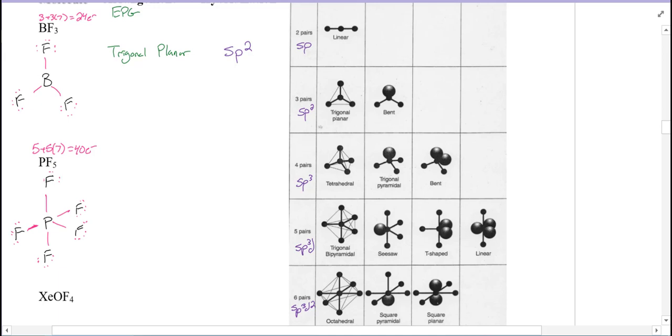Is that good? Well, each fluorine has 8. What about phosphorus here? 2, 4, 6, 8, 10. Can phosphorus have 10? Oh, it's in the third period below? Yes. Check. Good. What's the electron pair geometry? It would be trigonal bipyramidal, which means the hybridization is sp3d.